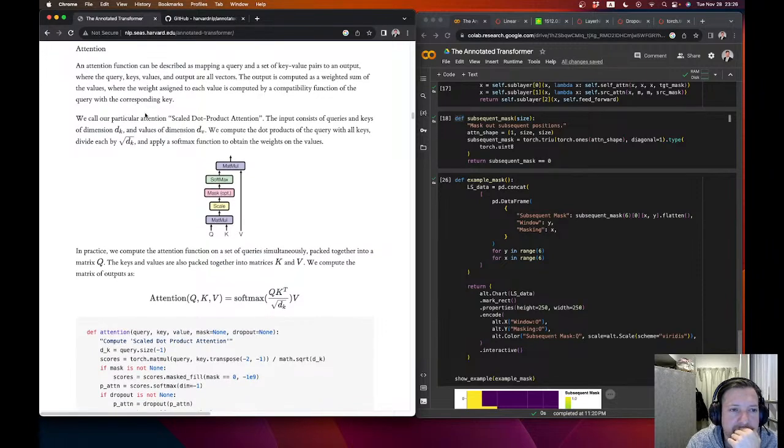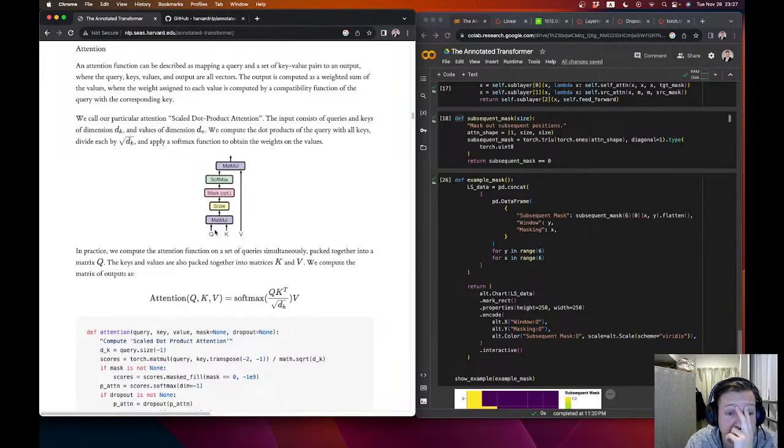Okay, and then the particular version of attention is called scaled dot product attention. The input consists of queries and keys of dimension dk, and then values of dimension dv. Okay, so values can also be multidimensional, I guess. And we compute the dot product of the query with all keys, makes sense, and divide that by the square root of the dimension and apply a softmax function to obtain the weights on the values.